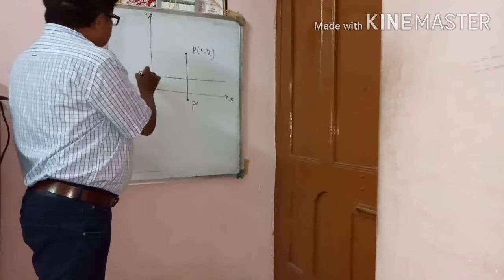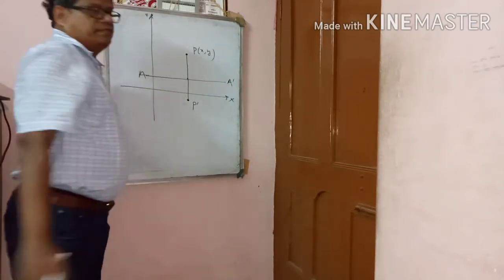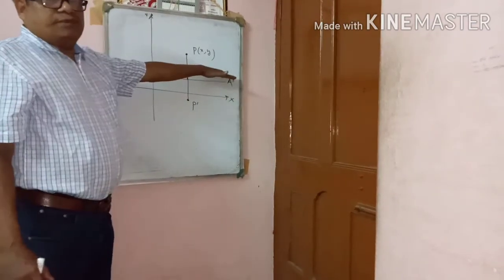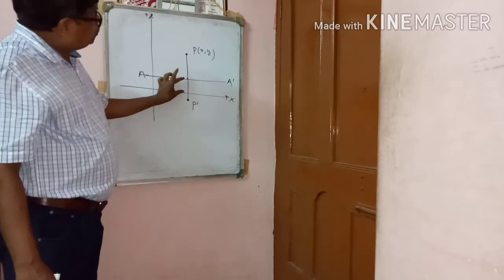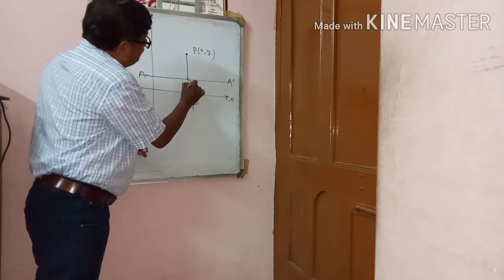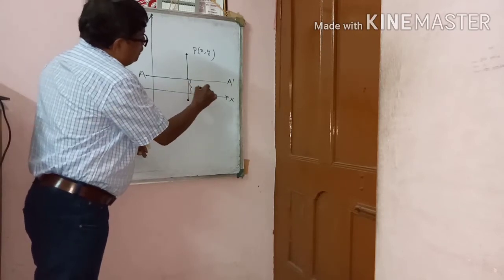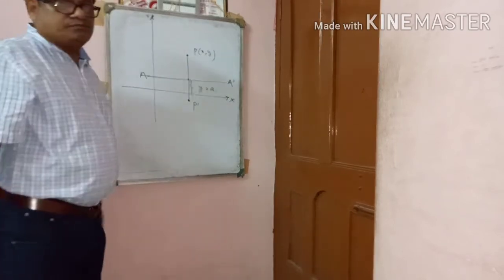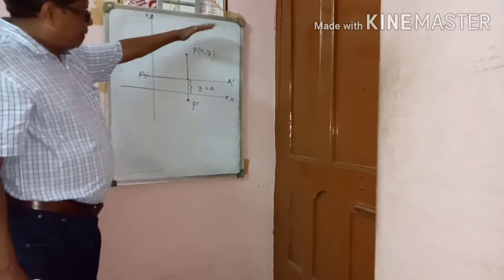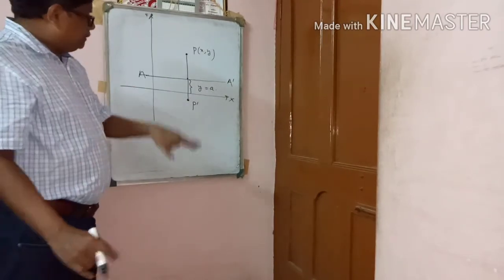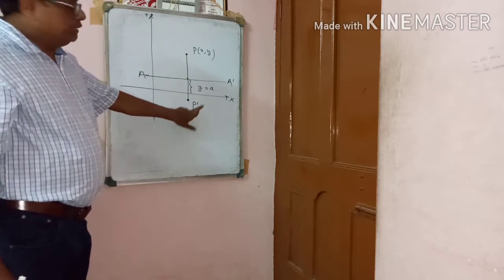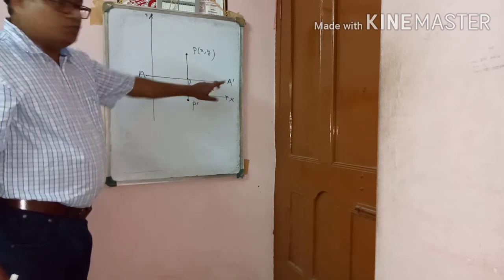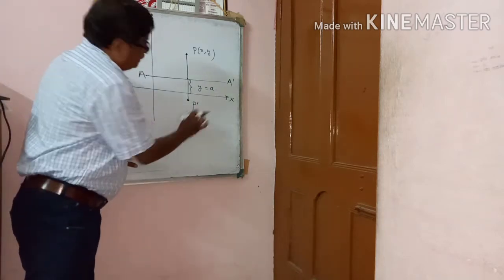Suppose there are two axes, x-axis and y-axis, and one point P of (x, y) is given. The reflection of the point is taken in a line parallel to the x-axis, at a fixed distance, suppose y equals a, in the positive direction. What is the coordinate of P dash? Now find out the coordinate of P dash.